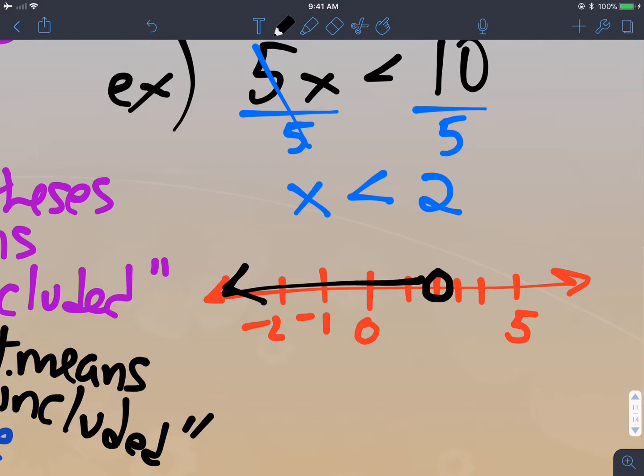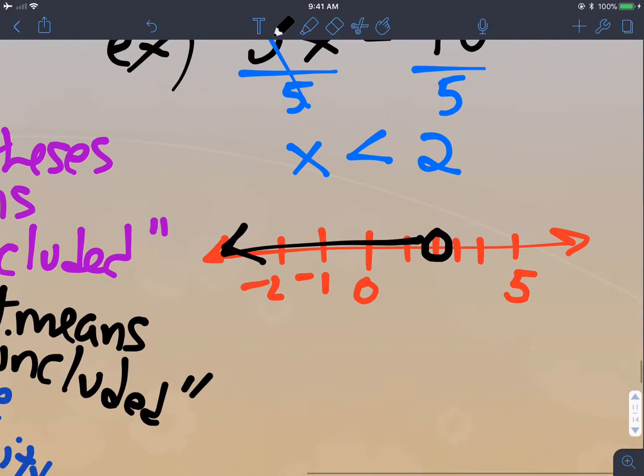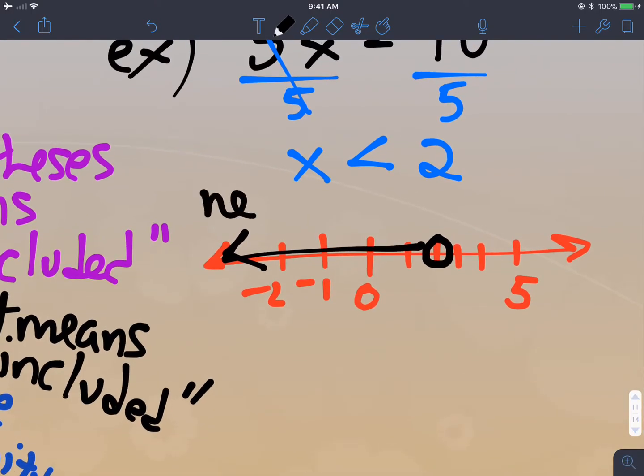So on the left side is -infinity. On the right side, it doesn't go to 5, 6, 7 because 5's not less than 2, 10's not less than 2. So it stops at 2. But instead of putting a bracket, I'm going to put a parentheses on it.